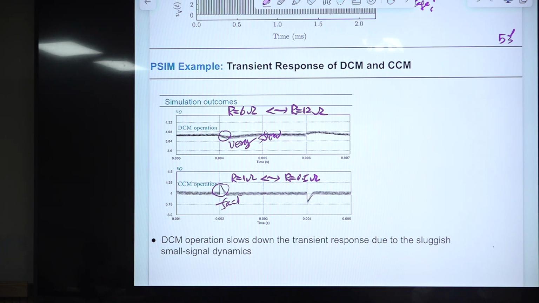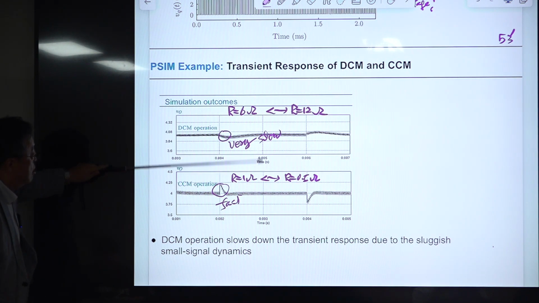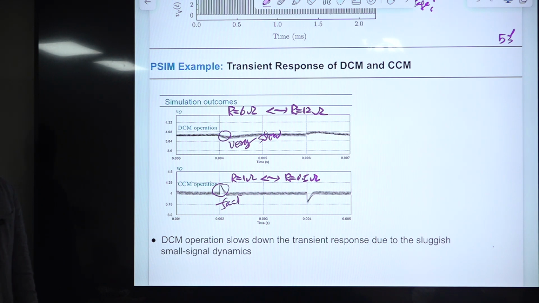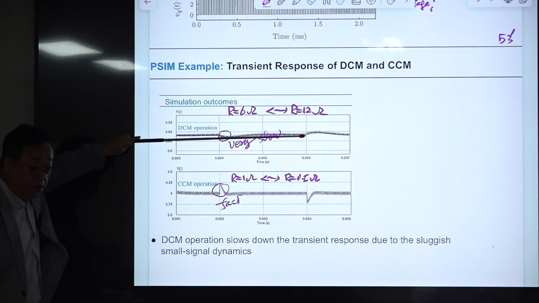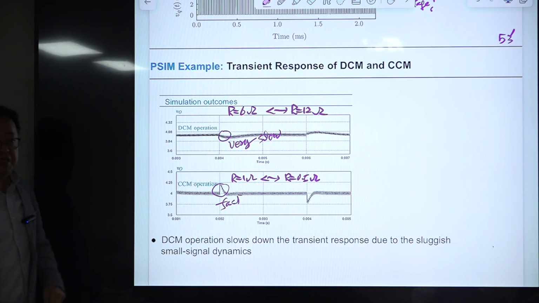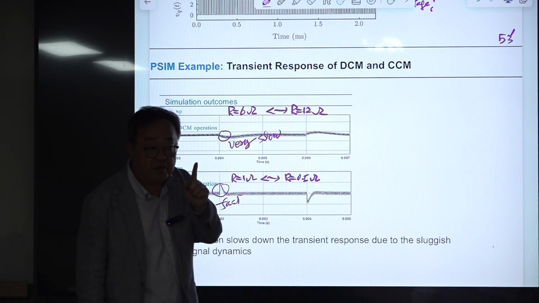The reason for this is, just 1 minute, originally this is a second order system. You have L and C, so it has second order dynamics basically, which is fast. When DCM occurs, this characteristic is very similar to a first order system.